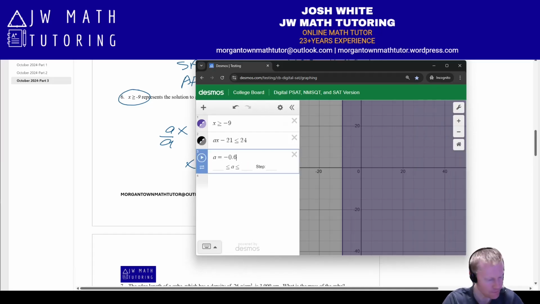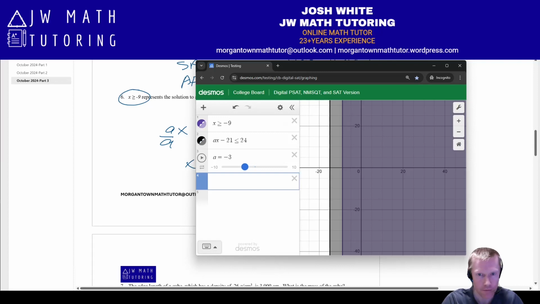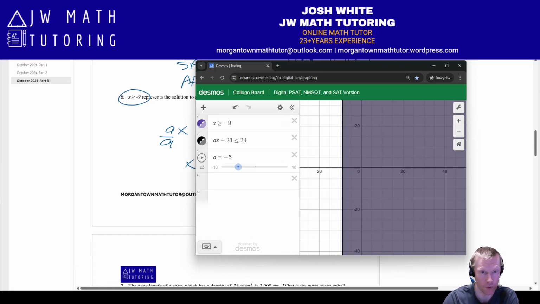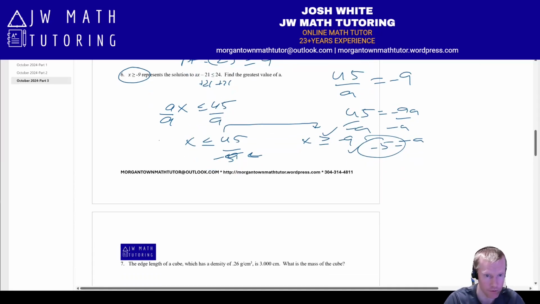Right here, they completely overlap. When I plug in negative 5 for a, notice the solution sets are identical. If I unhighlight this, I have this. If I unhighlight this, I have the gray. So that's what we're looking for. That confirms we have the correct answer.